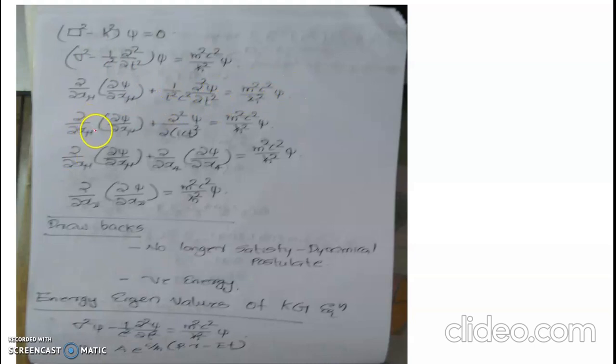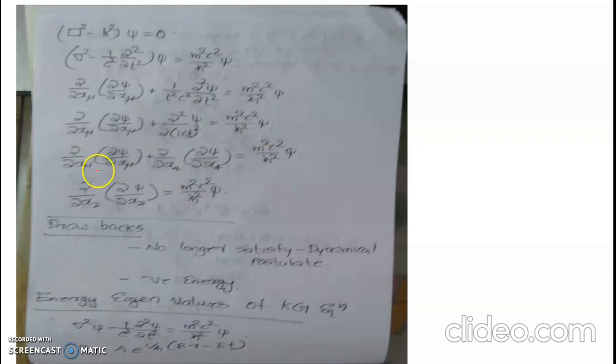That is ∂/∂x_mu of ∂psi/∂x_mu plus ∂ square psi by ∂(ict) square, where ict is the 4th component of the space-time coordinate, equal to m square c square by ħ square psi.